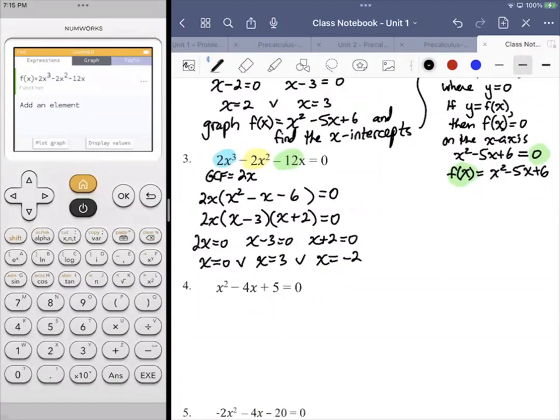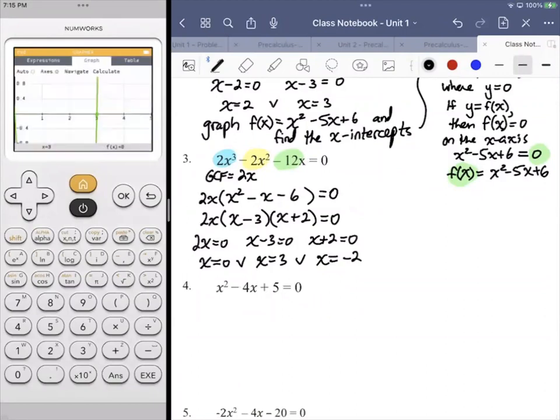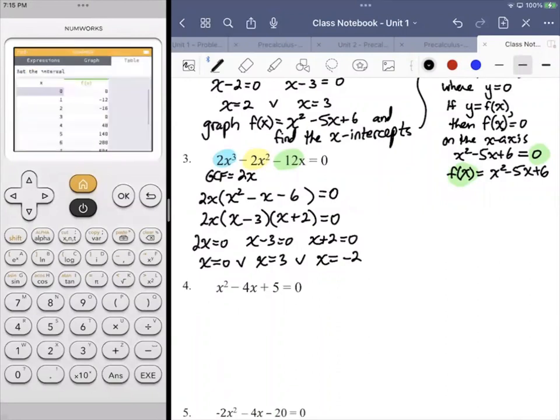You can look at the picture in the graph, do auto, manipulate it any way you want. I mean, you could get it pretty easily here. It looks like it crosses at -2, 0, and 3, but you could also get it from the table, just looking for any instance in which the f of x value is equal to 0. The one thing that you run into with the NumWorks calculator is that it has a default interval.